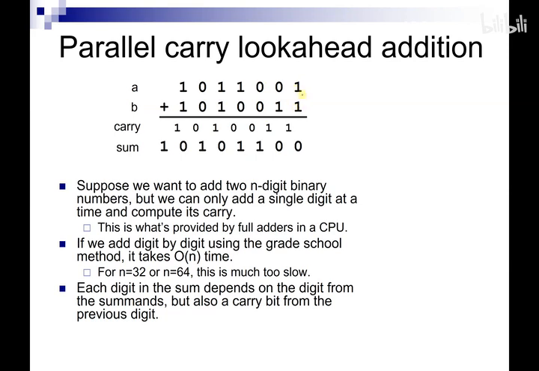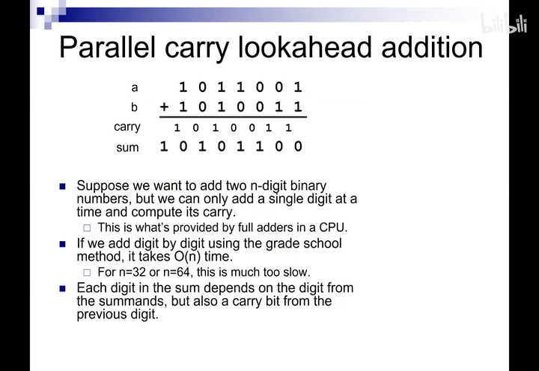For example, if you add together this 1 and 1, this generates a carry over here, which is also going to generate a carry on the second bit, and that is going to affect the result in the third bit. So the computation in the first bit affects the result in the third bit, and in general, any digit can have an effect on any other digit which comes later.